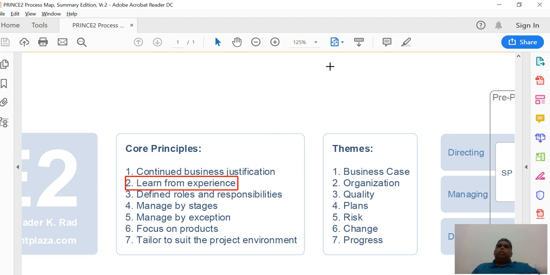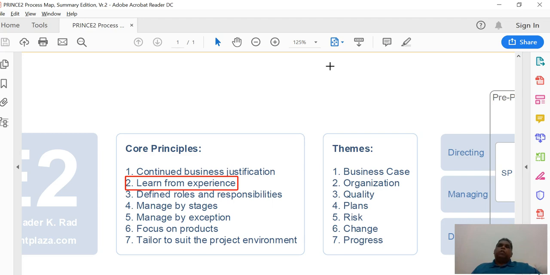What we have learned in previous projects can definitely be data points that we could use on a current project. So even before we start a project or even before we create a project brief document, which is one of the important pre-project documents in the PRINCE2 framework, the framework recommends that we learn from experience.